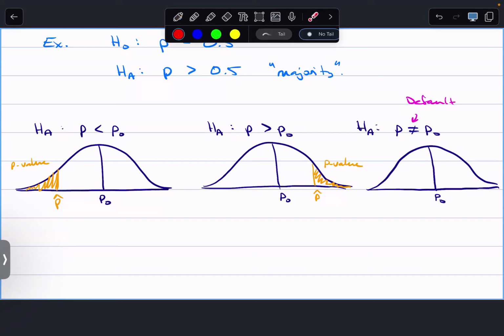Now, what's tricky about the not equal to is you don't care which tail it's going into, right? And if we think about it, you've collected one sample, so you're only going to find one sample proportion, right? And that sample proportion could be down here, or it could be up here.